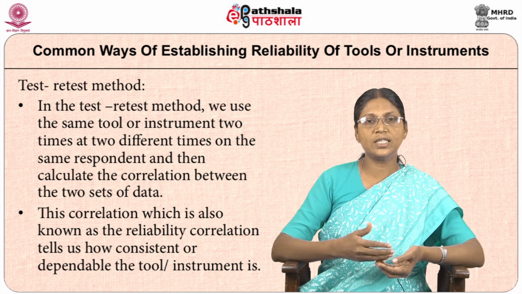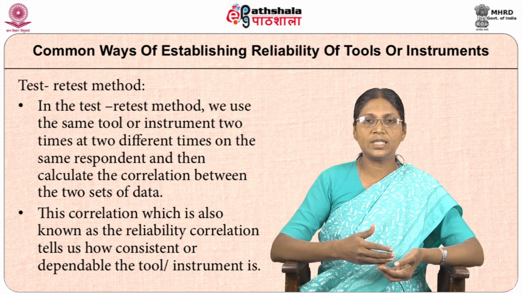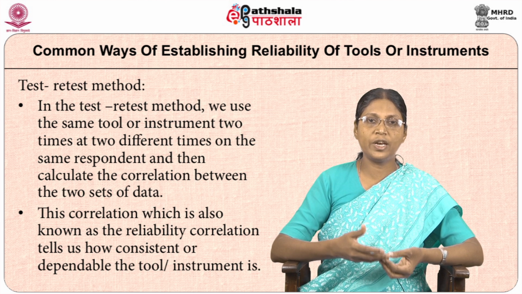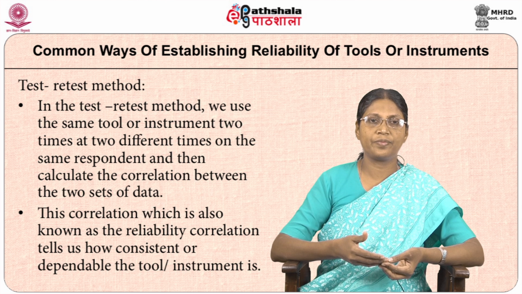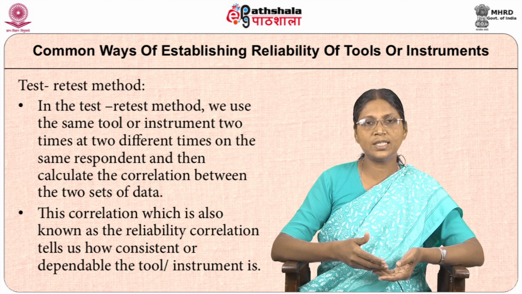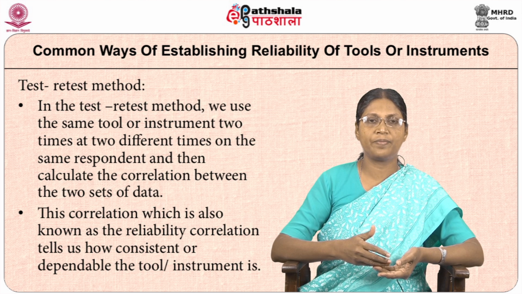In the test-retest method, we use the same tool or instrument 2 times, at 2 different times, on the same respondent and then calculate the correlation between the 2 sets of data. This correlation, which is also known as the reliability correlation, tells us how consistent or dependable the tool or instrument is.